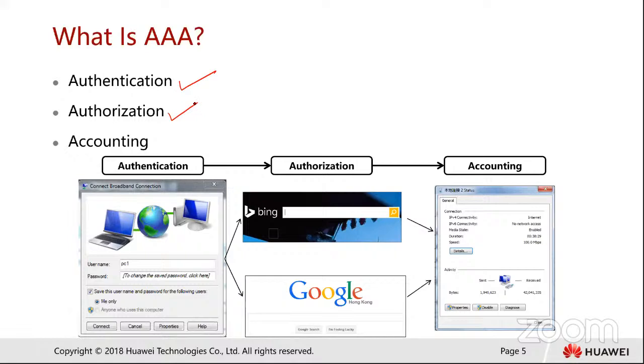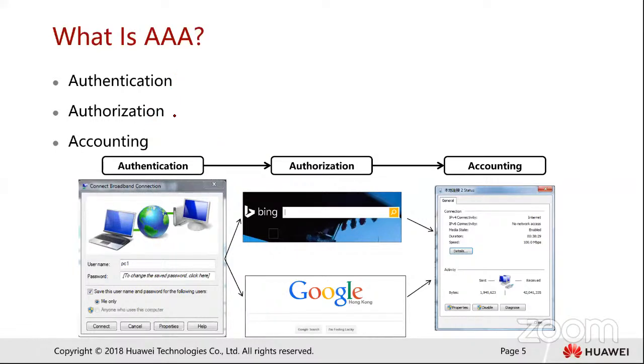Do they have the right to get what they are accessing? And for how long should they access it, and for how long have they been accessing it? When they're accessing, what did they do on the network? What did they delete? What did they add? What did they modify? We need to be able to account for that too.